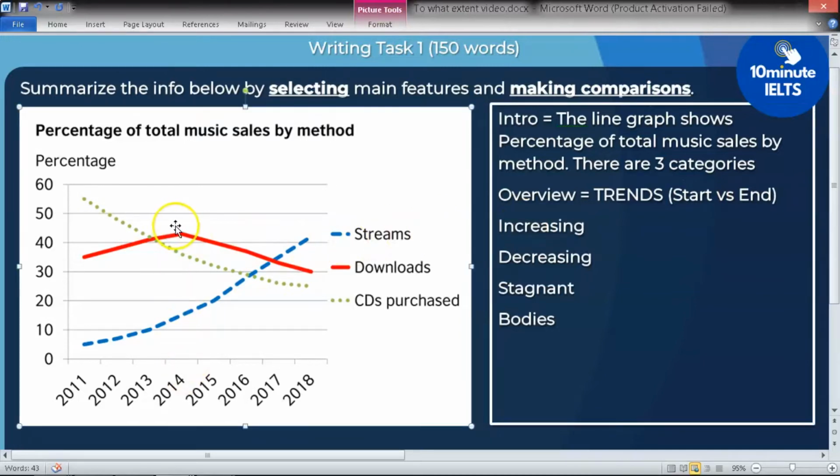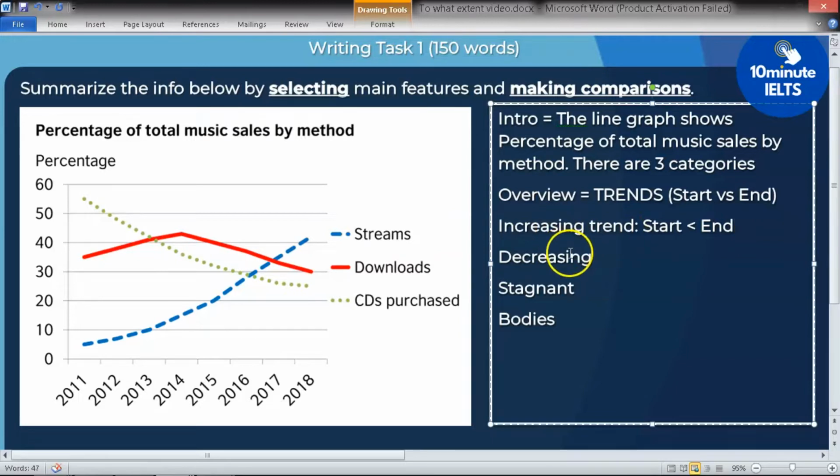Like this one in 2014, it is completely ignored. The only thing that trends care about are the beginning points, such as in 2011, and the ending points, such as in 2018. So if we're looking at streams, where it starts in 2011 with this low point, and it ends in 2018 with this higher point, then that is an increasing trend, simply because the start was much lower than the end.